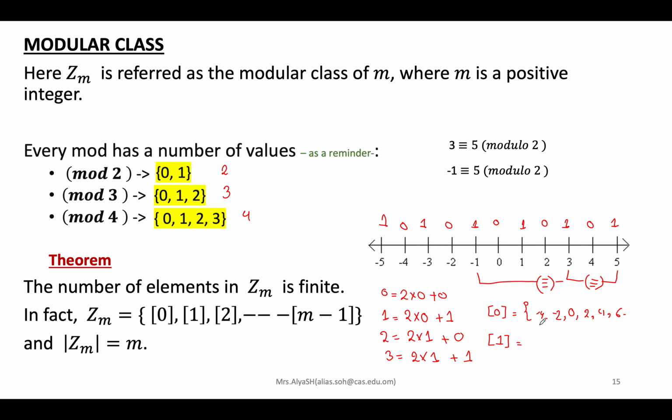Okay, and for remainder 1, I'm getting that 1 is congruent to 3, congruent to 5, congruent to 7, and so on. And from here we have -1, -3, and so on.